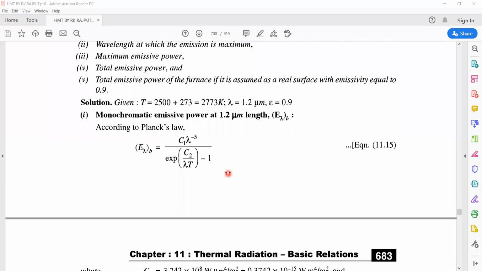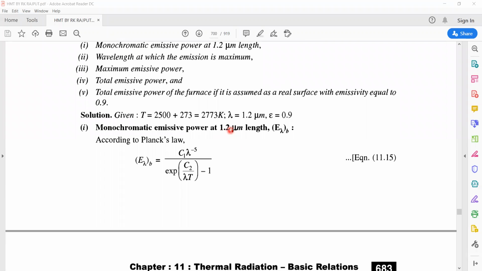Now C1 and C2 are given, lambda is already given as 1.2 micrometer. So it's better to take the unit in terms of meters. Micro is 10 to the power minus 6, so 1.2 into 10 to the power minus 6, in terms of meters.